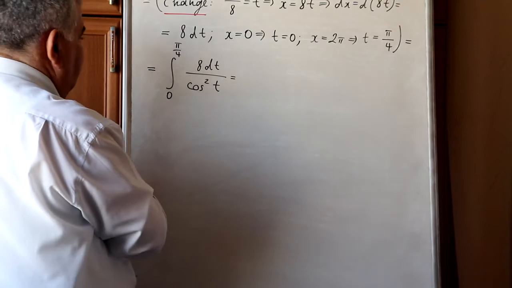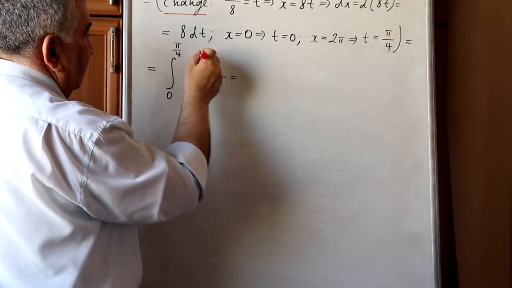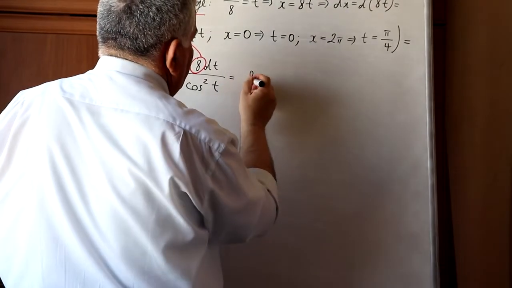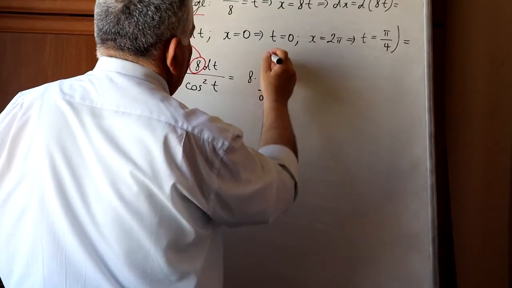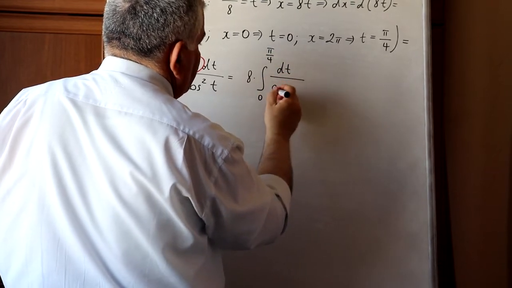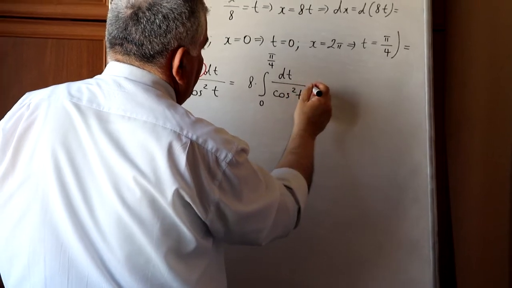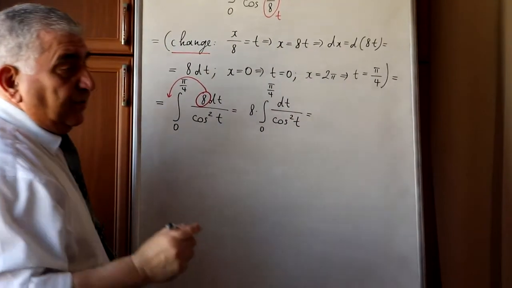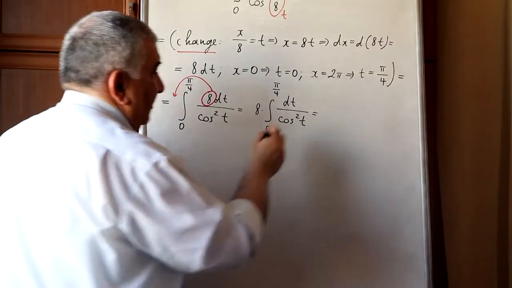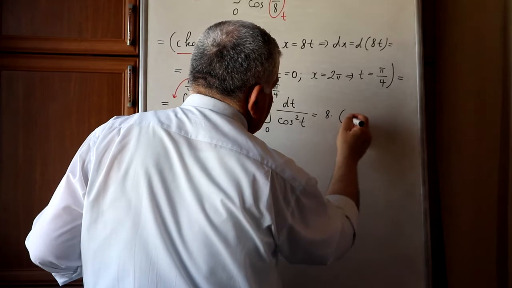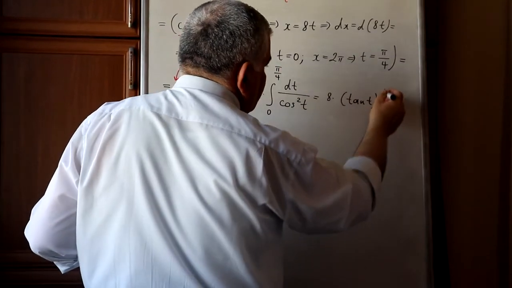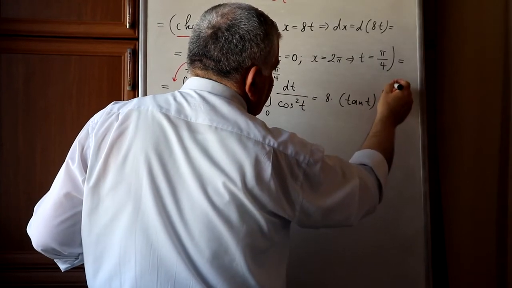We can take 8 out of the integral symbol because 8 is a constant factor. 8 multiplied by integral from 0 to pi over 4 dt over cosine squared t. Here the integrand is 1 over cosine squared t and its antiderivative is tangent t. 8 multiplied by tangent t and add the corresponding double substitution from 0 to pi over 4.